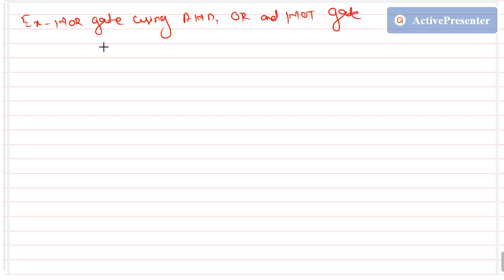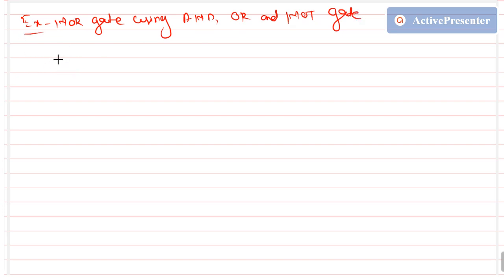So here also we have to do XNOR gate using AND, OR and NOT gate.